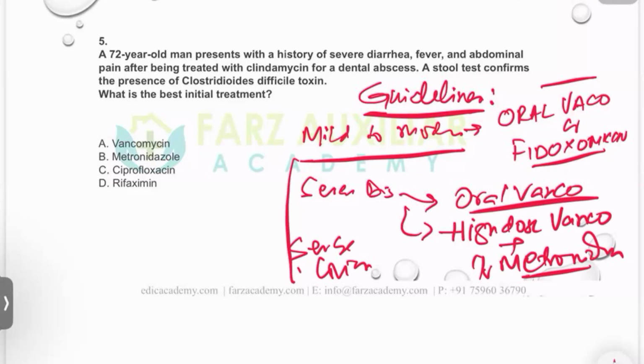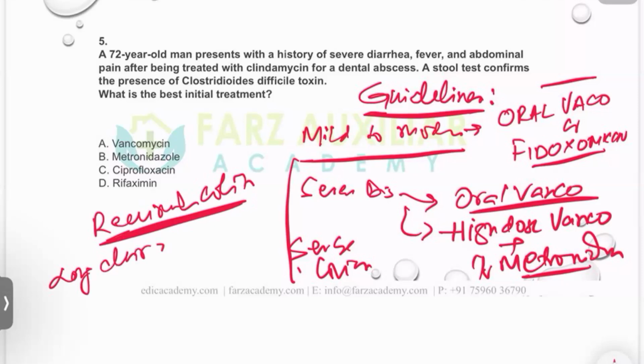Okay. So if it is recurrent colitis, then it is long duration vancomycin or fidaxomicin.